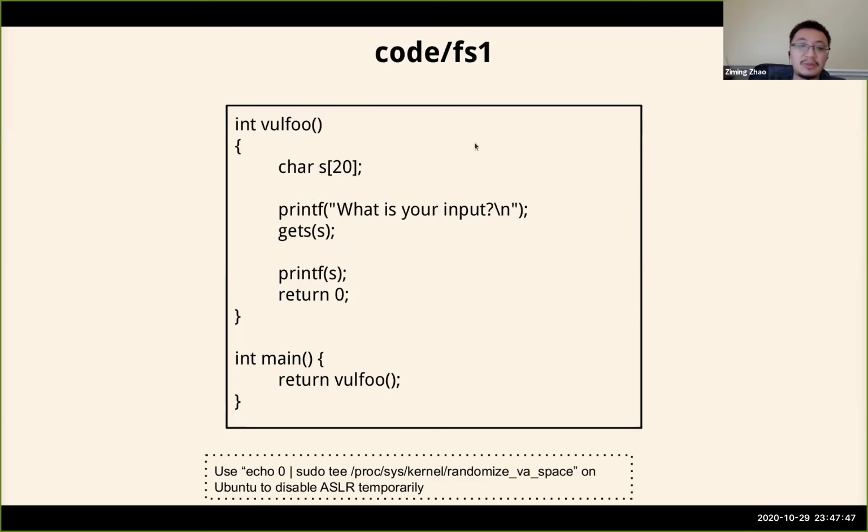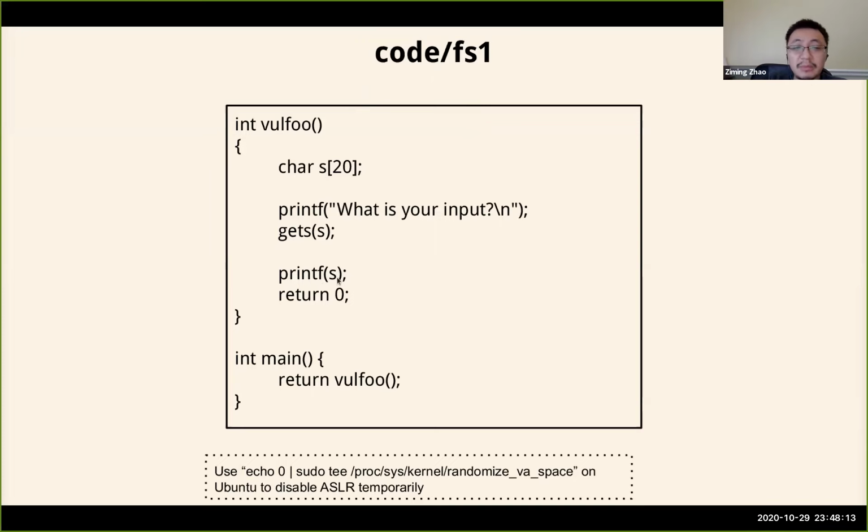So obviously this one has a buffer overflow, right? Your input could be huge. Your input could be larger than 20 bytes. When you have more than 20 bytes, what will happen? You will overflow. Of course, this one will compare with a canary there, so if you overflow, it will be detected.